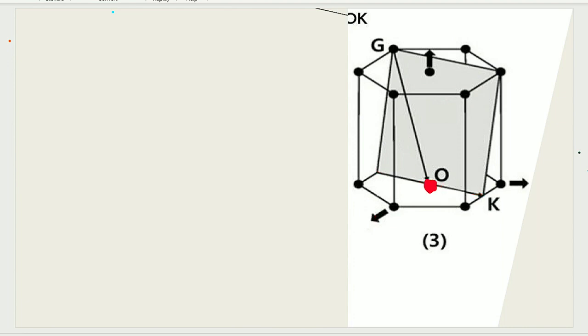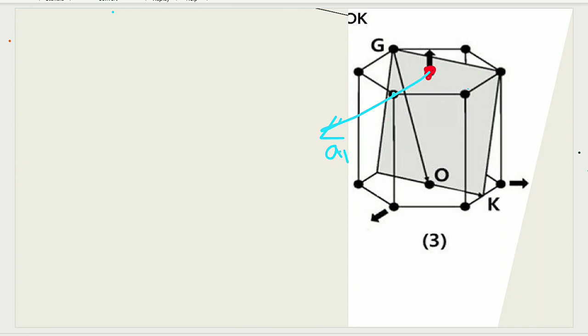So let me define my coordinate system first. This is the origin. Now let's define the axis lines and one of the corners. Starting from origin, drawing a straight line, this is the positive a1 direction or axis.